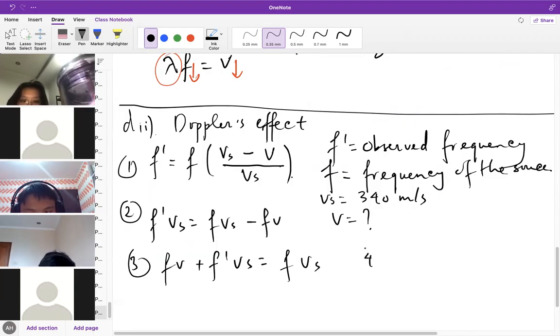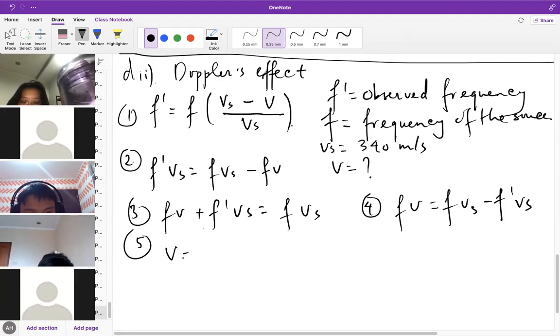Then we move this one, fv becomes plus. So f v is equal to f vs minus f observed vs, and then v is equal to (f vs minus f observed vs) over f.